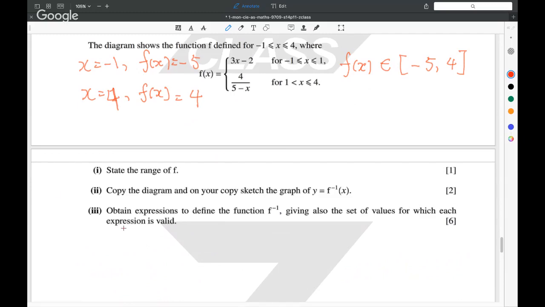For the line, you can just see by observation that the inverse function should be a third of x plus 2, and that would be valid between the range of the original function, so it'll be between minus 5 and 1.